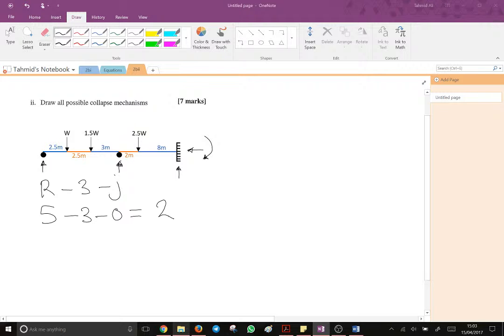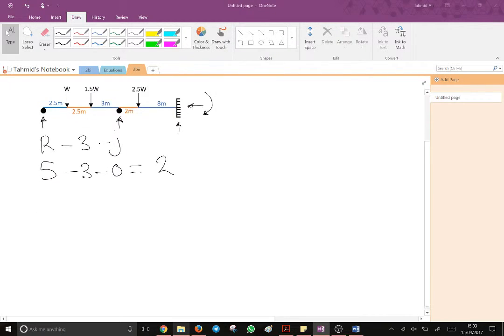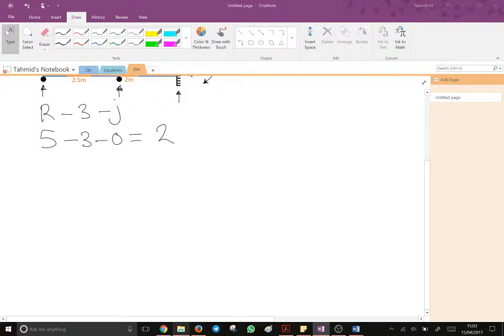Now this allows you to calculate the number of hinges that will be required to make this mechanism collapse. So the maximum number of hinges required to make this mechanism collapse. So this equation is simply the DOI, degree of indeterminacy.